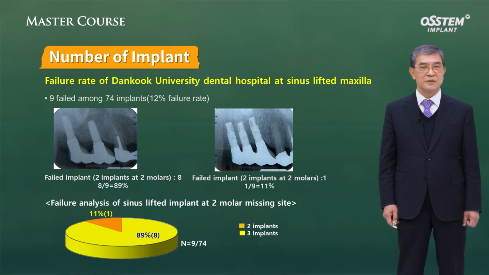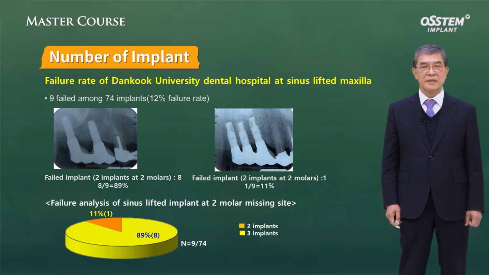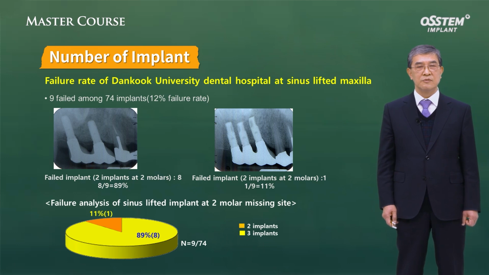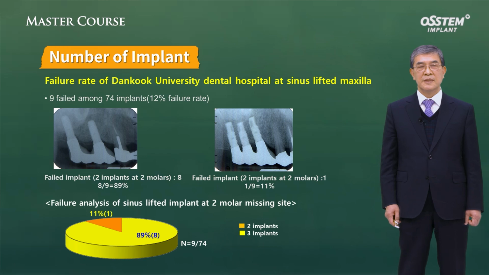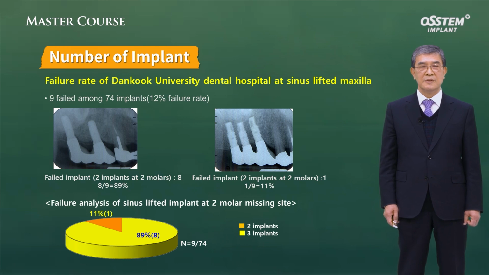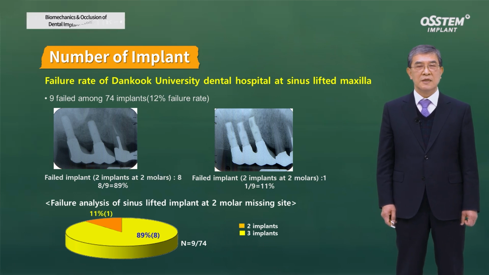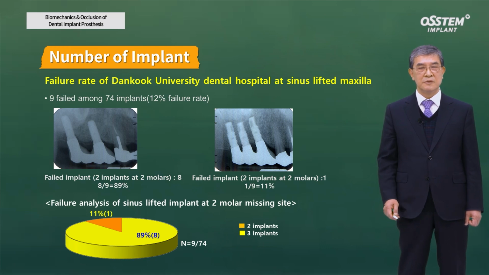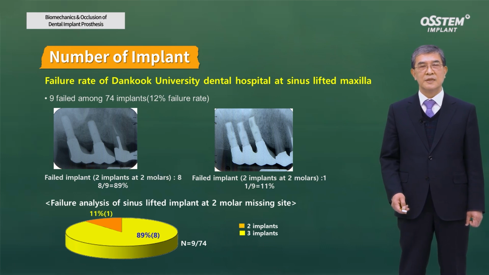At the time, because it was early phase, the failure rate was quite high. Out of 9, 8 implants were where 2 implants were placed. And only 1 case failed when 3 implants were placed. As shown, with less load that is applied on the implant, the percentage of implant failure goes down.